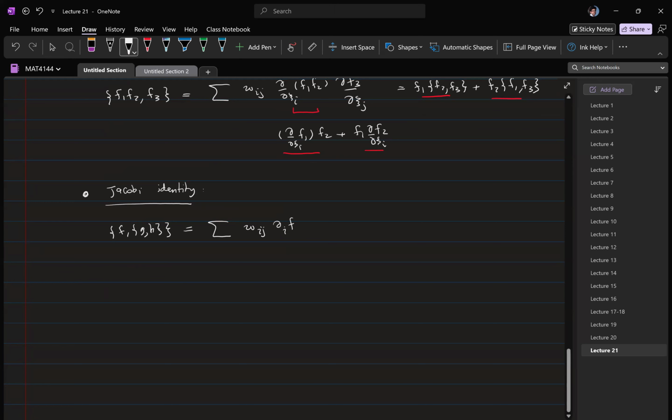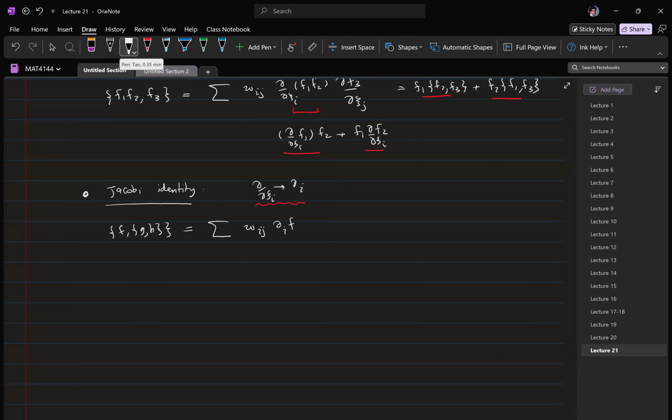Then I should do d if. So here I also abbreviate my notation to avoid complicated partials. So d dxi, I will write instead di, and therefore, instead of df dxi, I write dif.